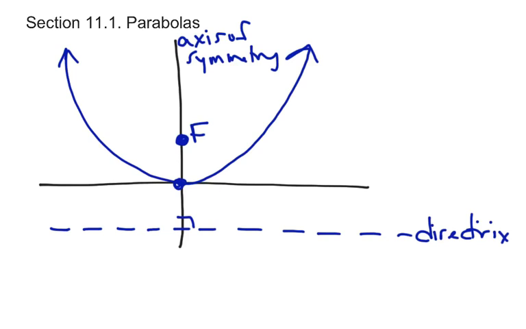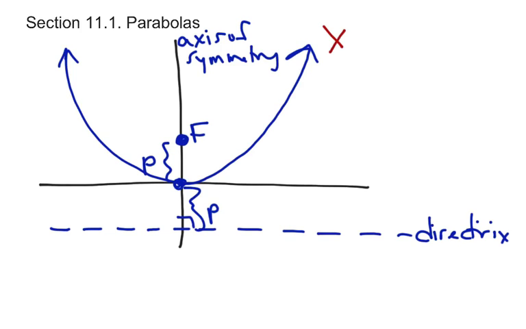Now, the distance from the focus to the vertex is going to be the same length as the distance from the vertex to the directrix, and we're going to call that distance p. Although I've given you equations in the notes, those have more to do with parabolas whose vertex is not at the origin. So for right now, let's talk about what it is when it is at the origin.